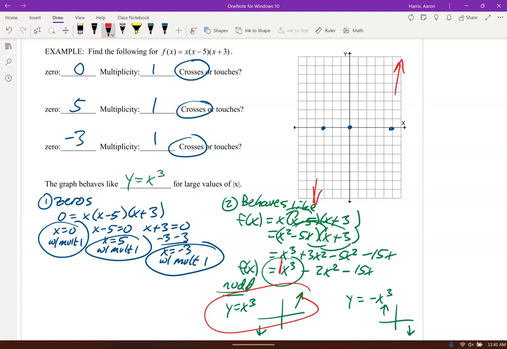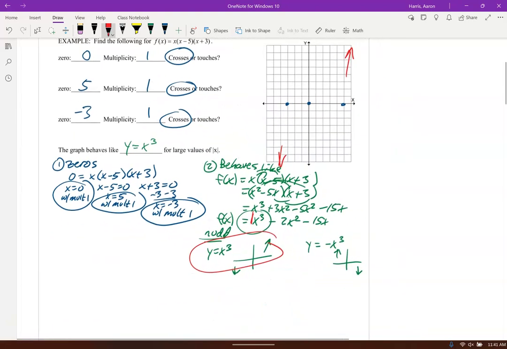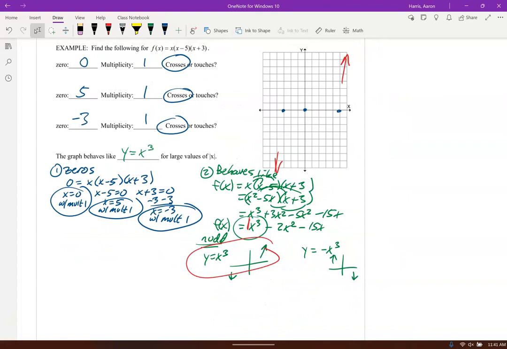the classic x cubed. I know it's not just y equals x cubed, it's x cubed minus 2x squared minus 15x, so there's a lot more to it, but you can always plug in a bunch of other points and kind of get a feel for what this thing looks like. So for example, if you want to be a little bit more exact, we already have negative 3, 0.